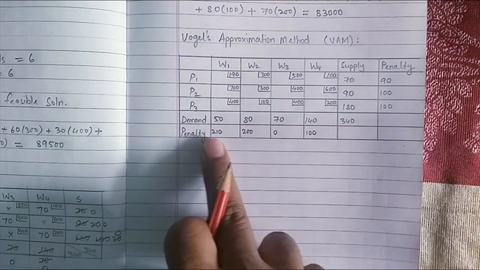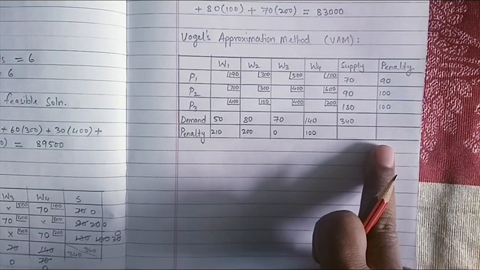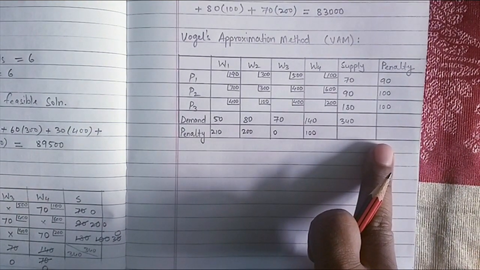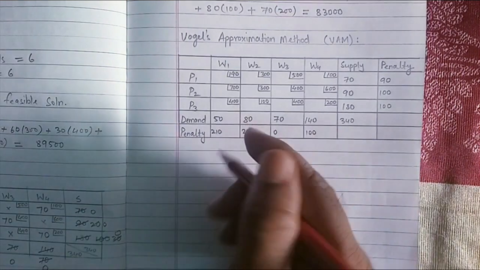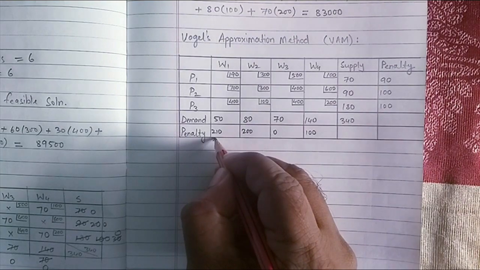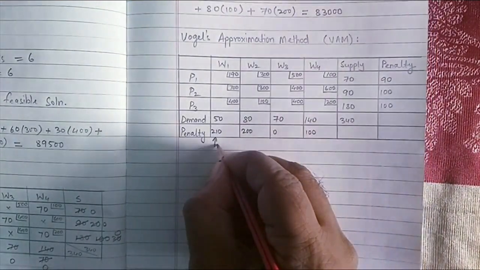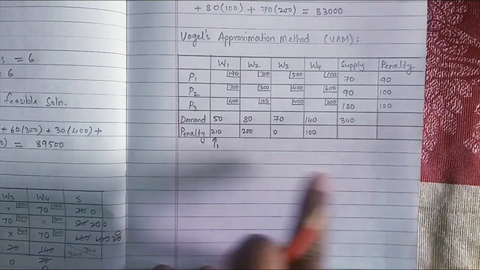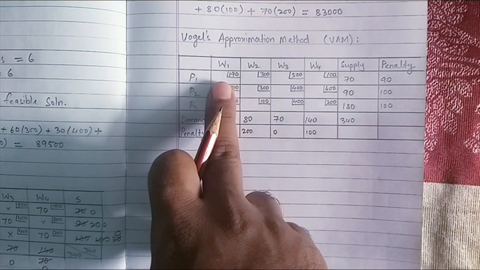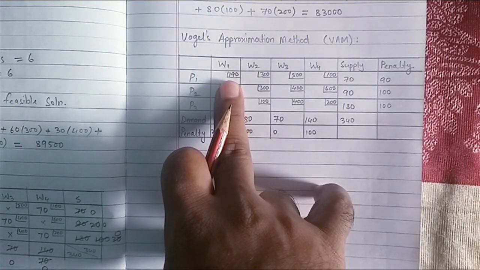Now we have to compare all these penalties in the rows and the columns, and the allocation will happen in the row or column which has the highest penalty. Here you can see we have the highest penalty, so this is the first column in which I will be doing my allocation. To do the allocation, I have to go to the minimum cost in this column. So 190 was the minimum cost.